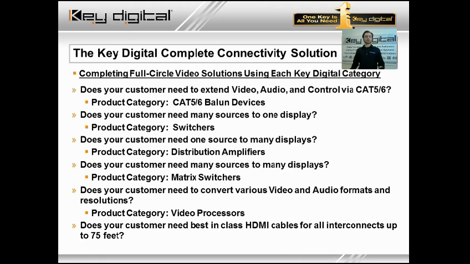And of course, what we refer to as traditional cabling with Key Digital, best-in-class HDMI cables, latest features supported, the best speeds, etc., all the way up to 75 feet. You know now that you need the Python series of Key Digital HDMI cables.